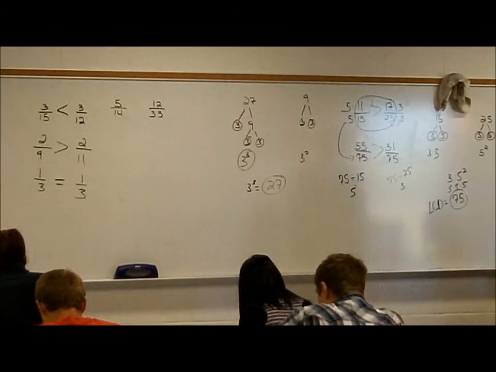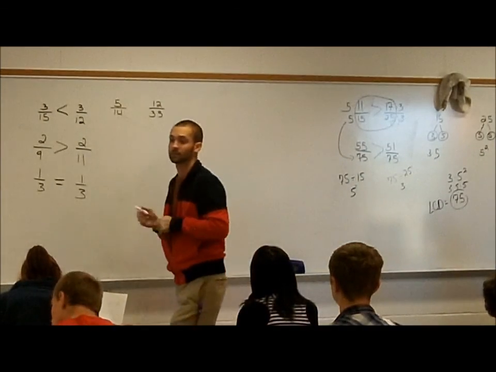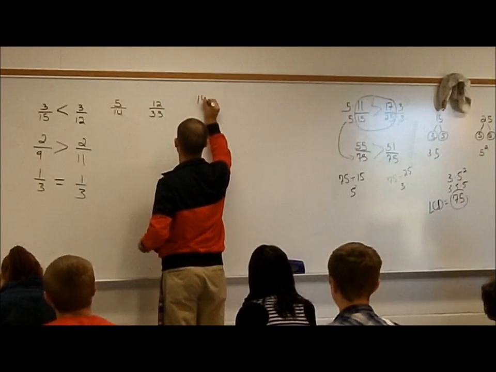Find your least common multiple and go from there. Okay, do 14 and 35 with factor trees. I'm doing the factor trees for 14 and 35.